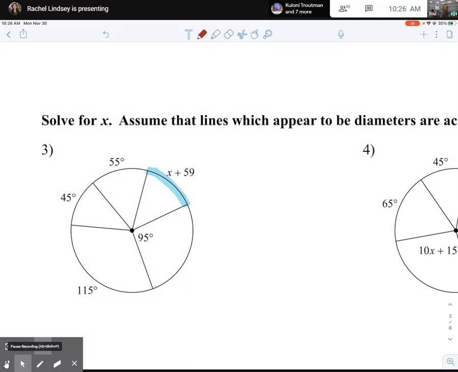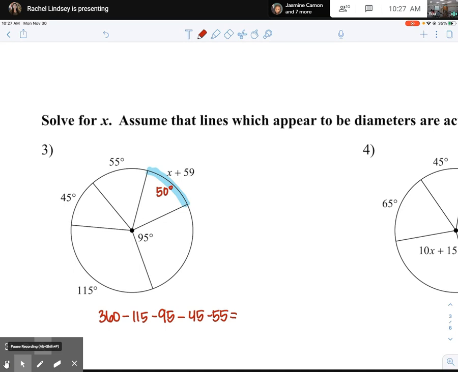So I'm going to do 360 and subtract all of those other arcs. I heard somebody say 50. So this arc equals 50 degrees.